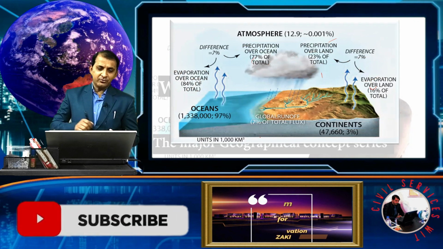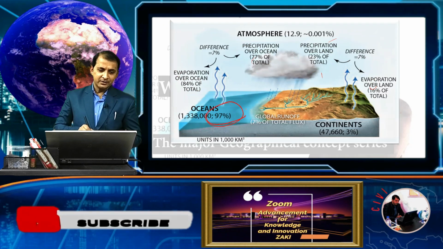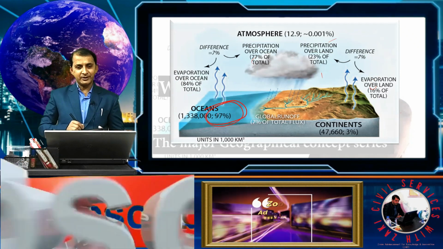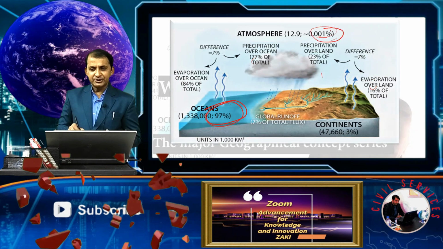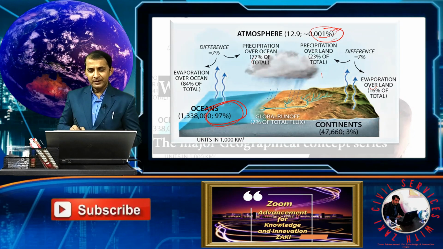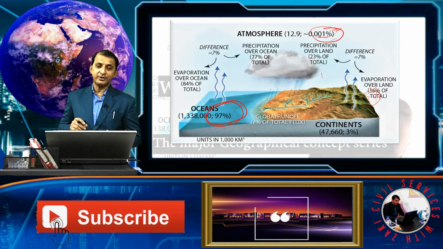Finally, approximately 97% of water is stored in our ocean, 0.001% in the atmosphere, and only about 3% on our continents.